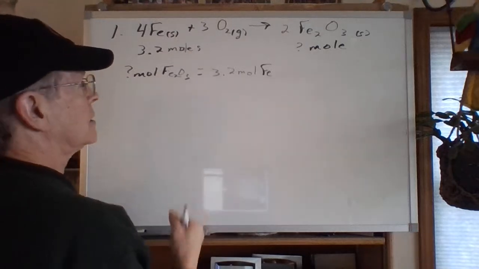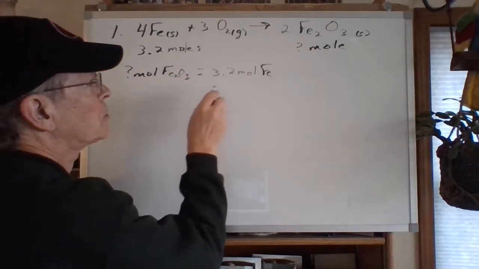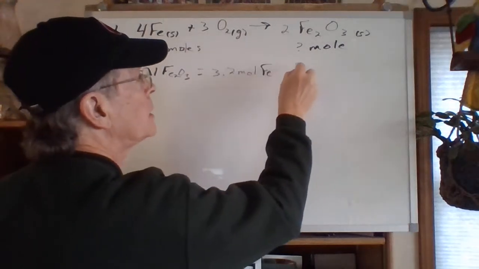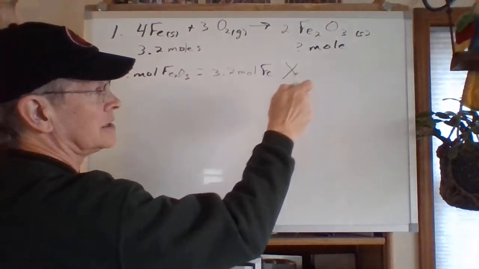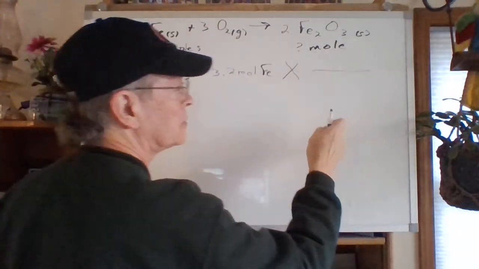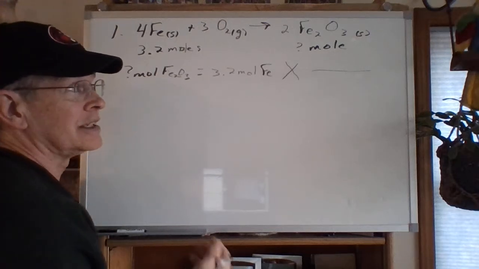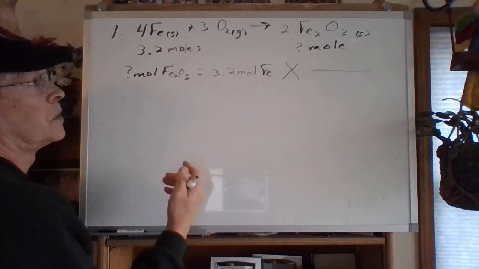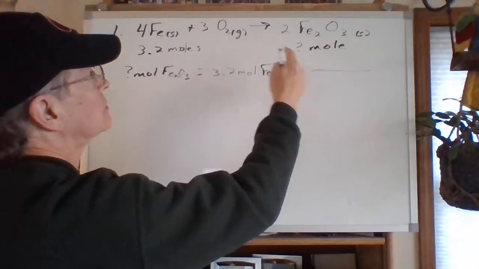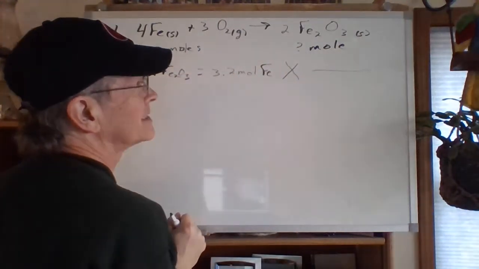When I know, that's the times, I know this. These two things are equal. And of course, if the numerator and the denominator are equal quantities of something, in algebra, that means it's multiplying times the number 1. Well, from the equation, I know 4 moles of iron makes 2 moles of iron oxide.